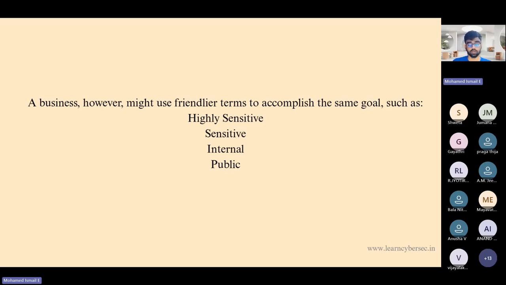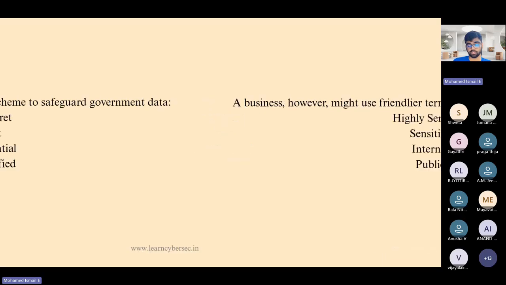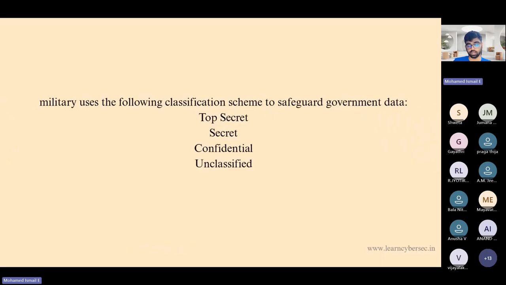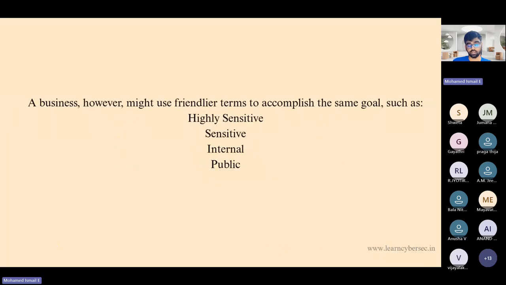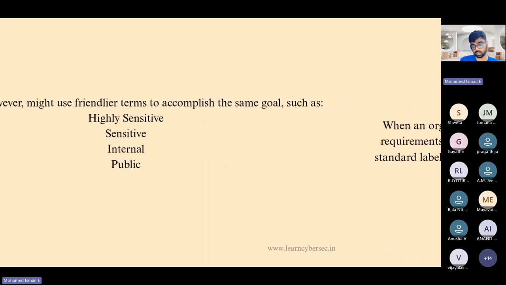So they put the highly sensitive label. So you can map top secret with highly sensitive, secret with sensitive, confidential with internal, and unclassified with public. So that is the military standard and the business standard.